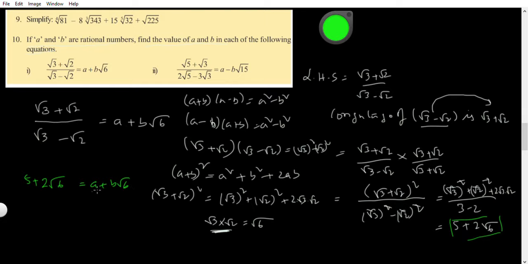By comparing the left hand side and right hand side of this equation, clearly a is equal to 5 and b is equal to 2. This is the way to find the value of a and b from the given equations. You try the second problem at home.